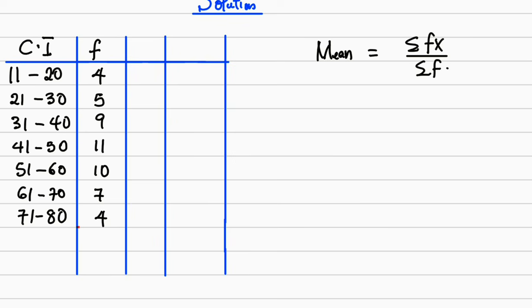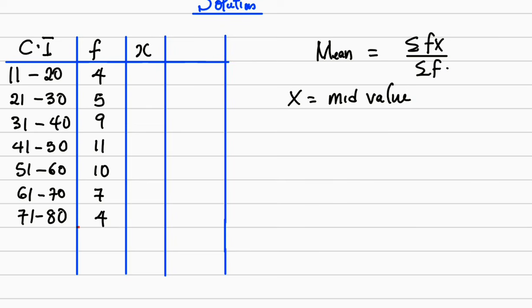The formula will actually guide you on how to form your table, what you need to have on your table. So I need x. Now, what is x? X is the mid value.